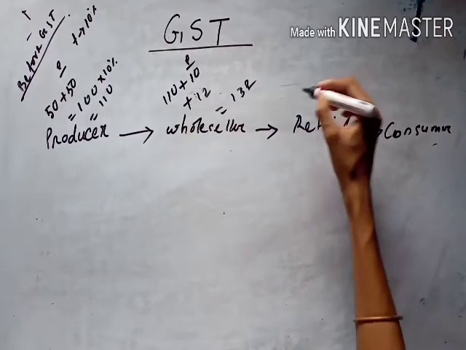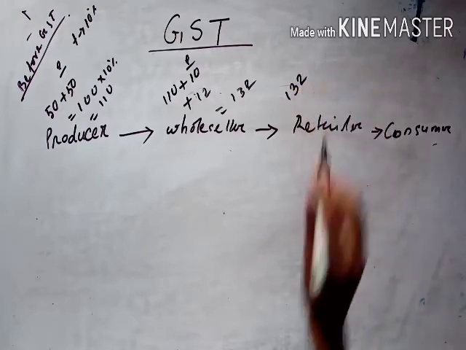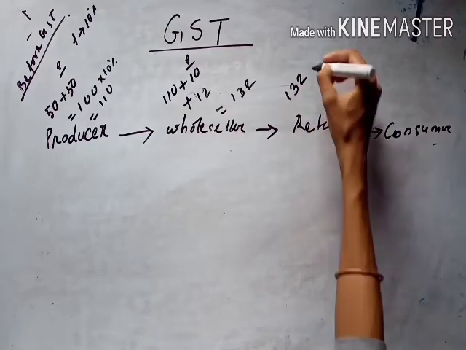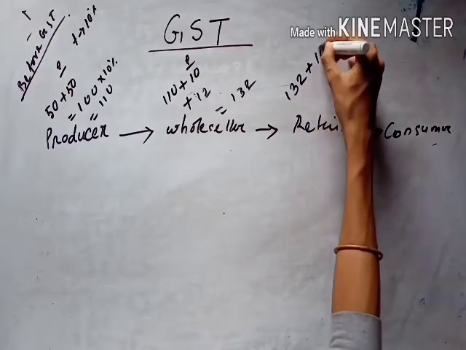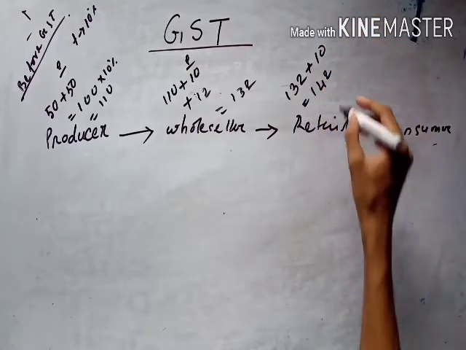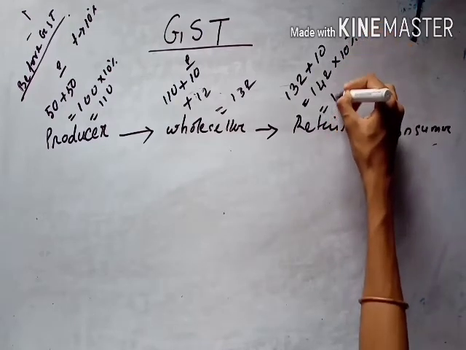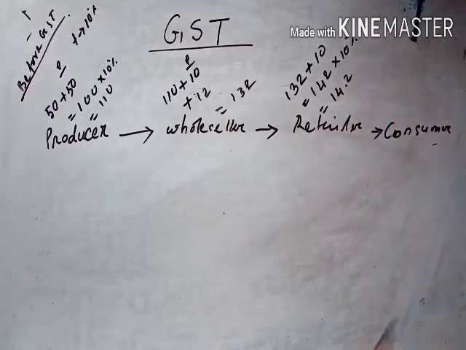And the retailer purchases goods for 132 rupees plus he adds a profit of 10 rupees, which is 142, and adds tax, which is 10%, 14.2 as tax.